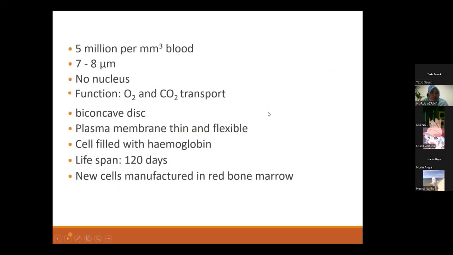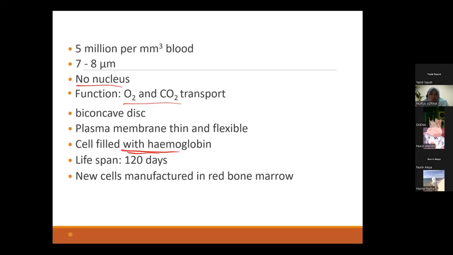All right, so the detailed characteristics of erythrocyte. In every 1 cubic millimeter of blood, we will have 5 million red blood cells with a size of 7 to 8 micrometers. Red blood cells do not have a nucleus, to maximize the transportation of oxygen by hemoglobin. The cell is filled with hemoglobin, and the function is to transport oxygen and carbon dioxide. It has a biconcave shape, or what we call dwi cekung.